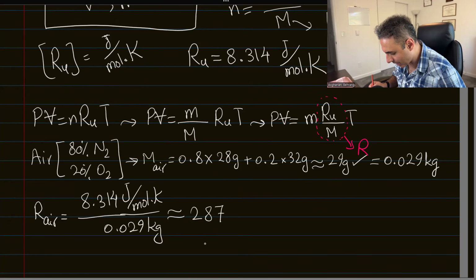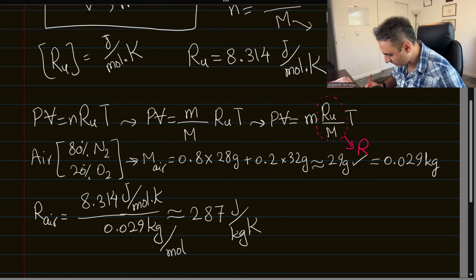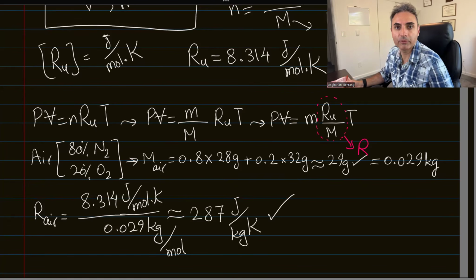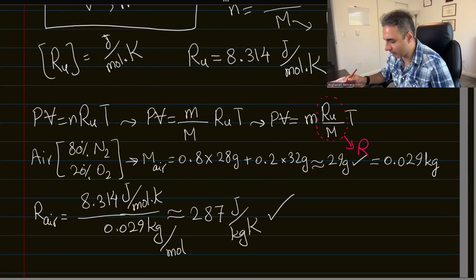The unit would be joules per kilogram Kelvin, because the mole part gets cancelled. This is R for air. I always recommend to my students to memorize R for air. You don't need to memorize R for every gas you deal with, but for air, because we deal with it in a lot of problems, go ahead and memorize it. It's a good investment. 287, that's the R for air.